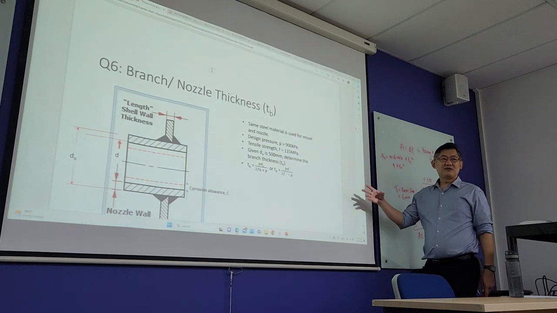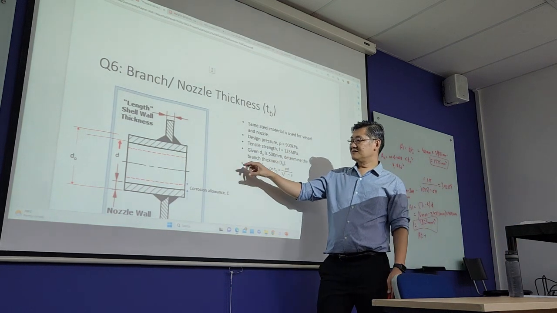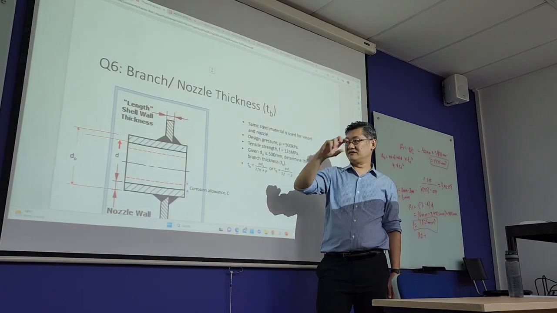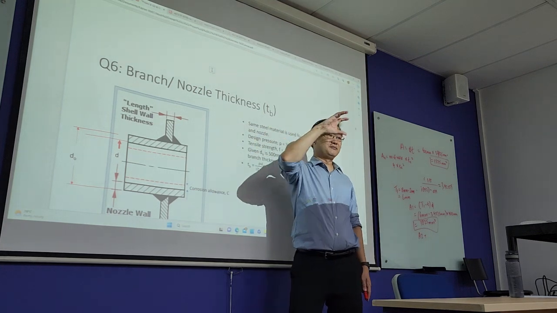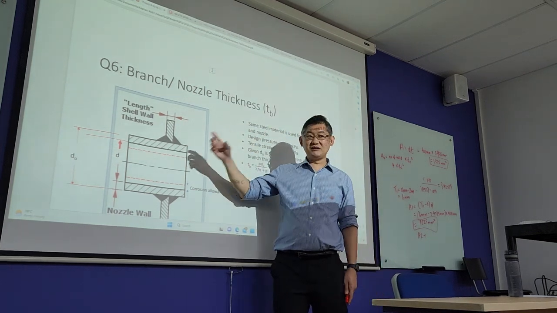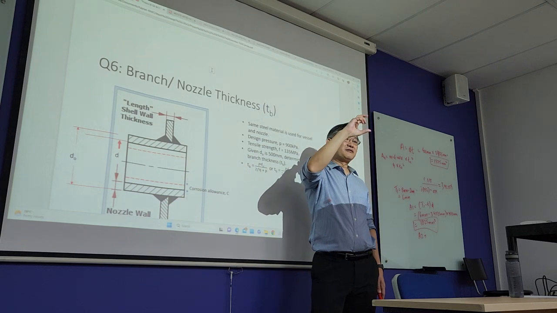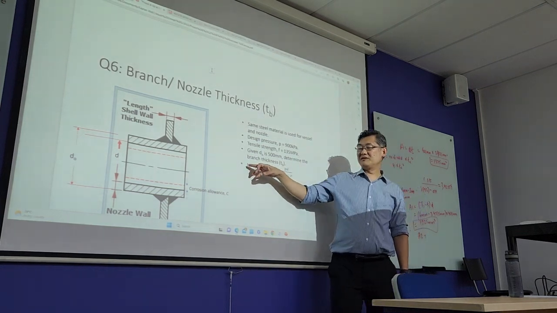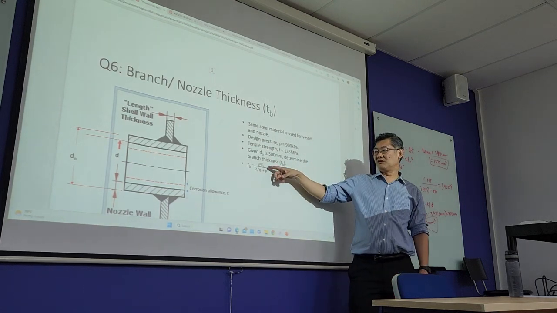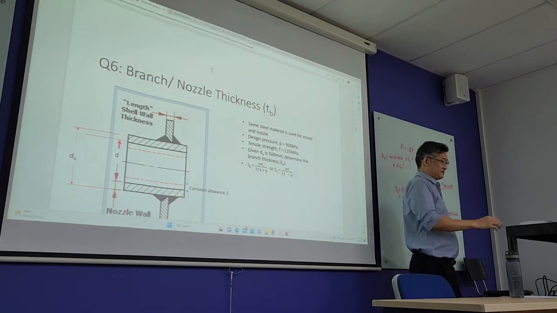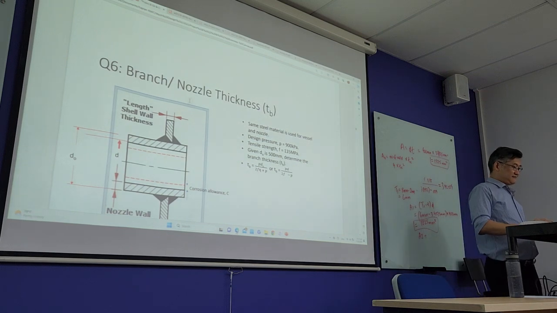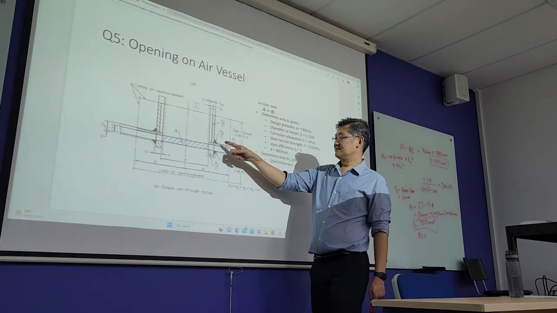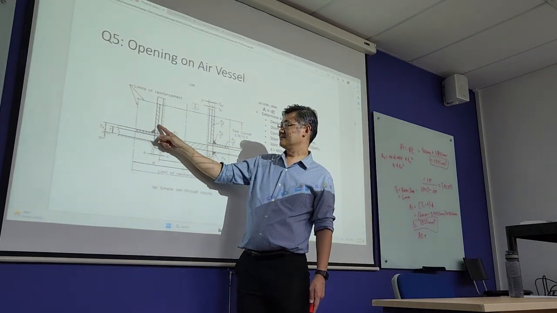This is a question I just want you to know. The smaller tb is the thickness to withstand the pressure. So when you select the material for your nozzle, it must be greater than this value, because this will determine things later.